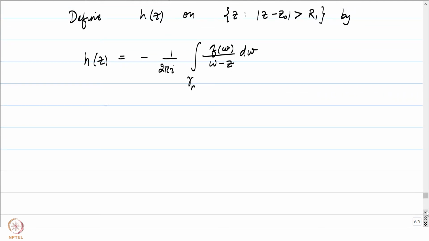Remember that the z comes from there. And r now is less than mod z minus z naught, and it is between r1 and r2.